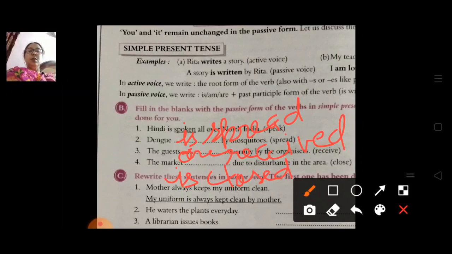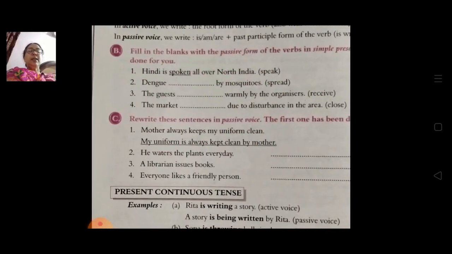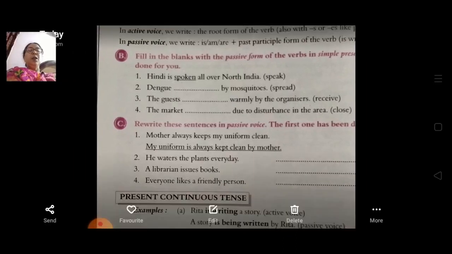So now we are going to move to solve exercise number C. In exercise number C, you can see, rewrite these sentences in passive voice. The first one has been done for you. Mother always keeps my uniform clean. Now in passive voice, it is written, my uniform is always kept clean by mother.